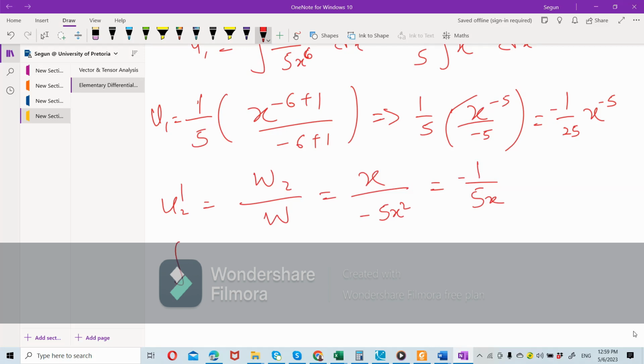So if you now integrate both sides, U2 equals the integral of negative 1 over 5x dx, which is minus 1 over 5 integral of dx over x.